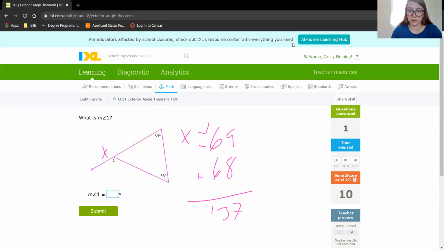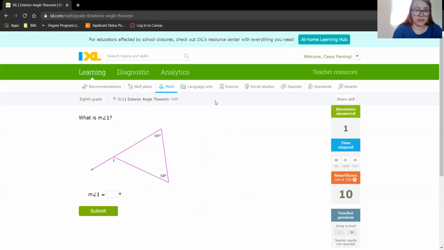Awesome. We'll do another one. So again, exterior angle is equal to the total of the opposite interior angles. So if we set it up, we'll call it x again. Oops, I didn't click draw.